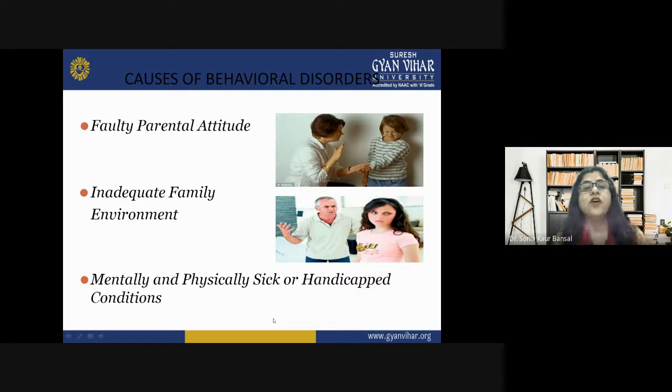So first of all, faulty parental attitude. The child shows behavioral disorders. Why is the child showing those behavioral disorders? That has to be understood by the parents, and it is really very important for the parents to understand that if they are having two kids or more than two kids, then their attitude, either positive or negative, towards the little things of the child matters a lot.